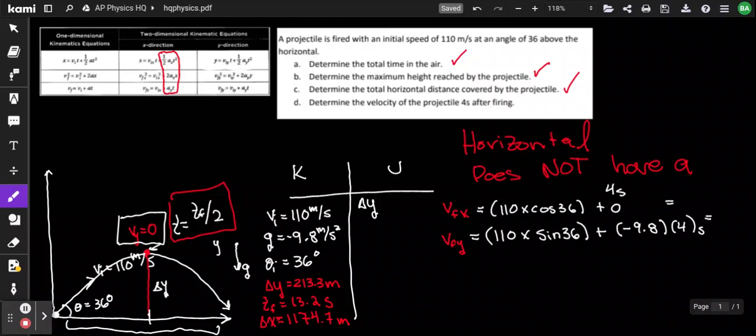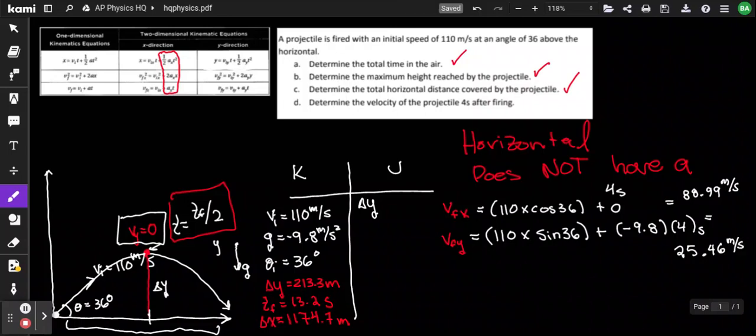So putting in the calculator for both of them, our x direction, 110 times cosine of 36, is equal to 88.99 meters per second. And in our y direction, 110 times sine of 36 plus negative 9.8 times 4 is going to give us 25.46 meters per second.